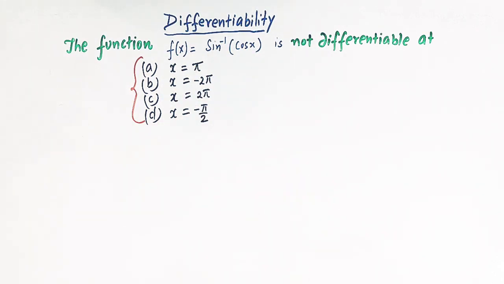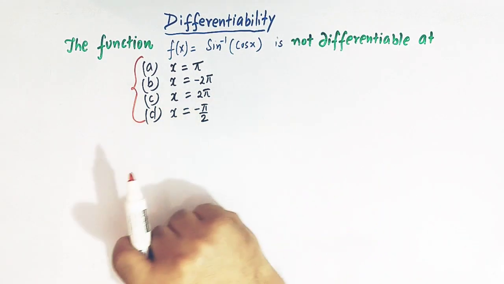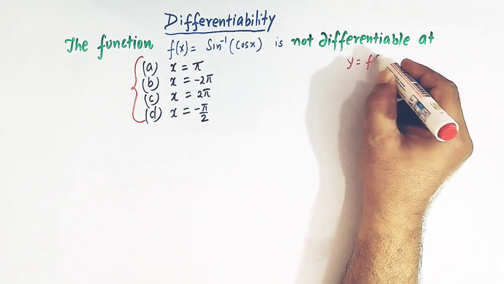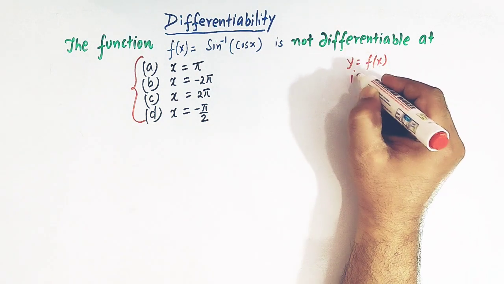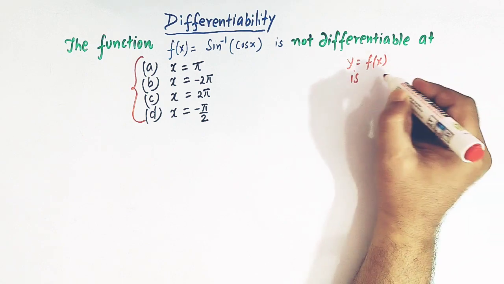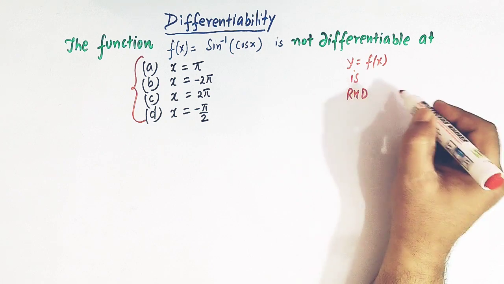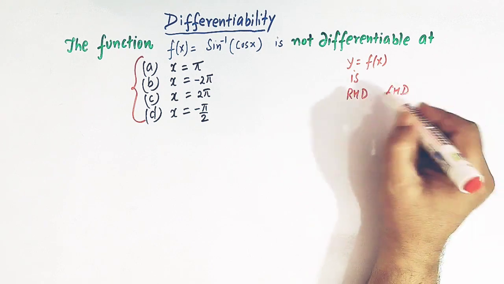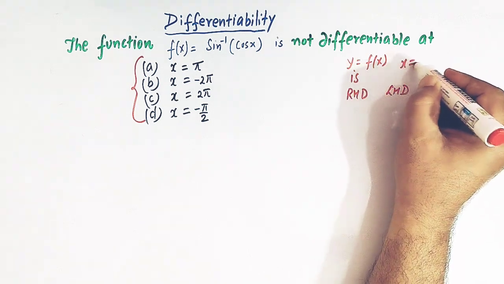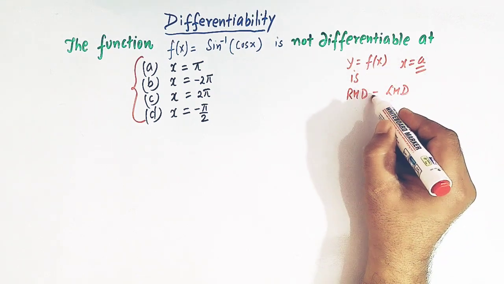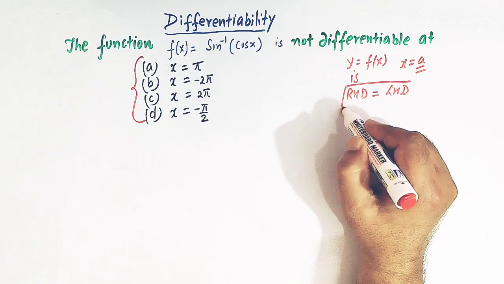So let us start. We have earlier seen that a function y is equal to f of x is said to be differentiable if the right hand derivative and the left hand derivative both exist at some given point, say x is equal to a, and both are equal.